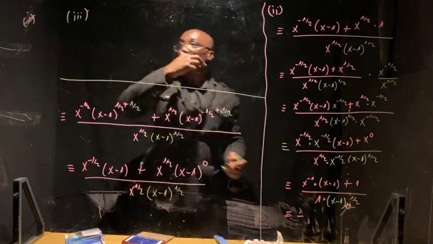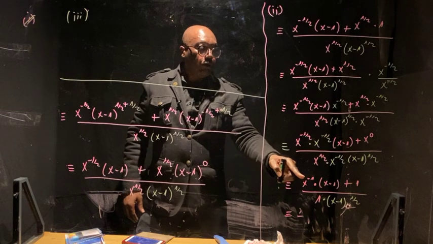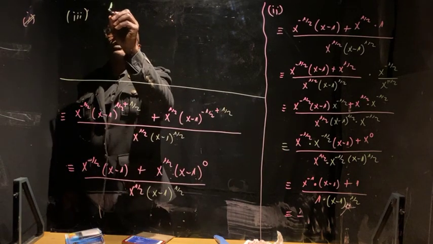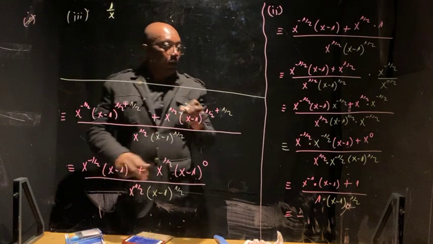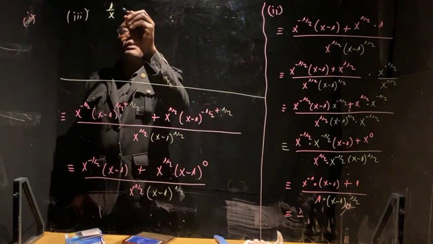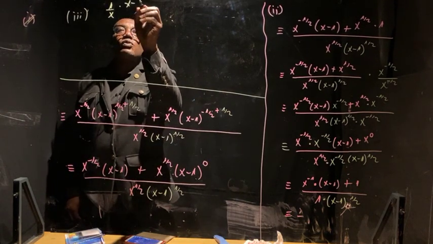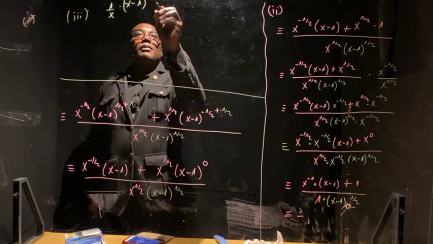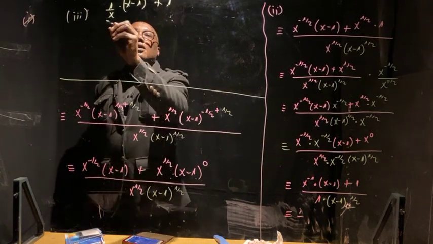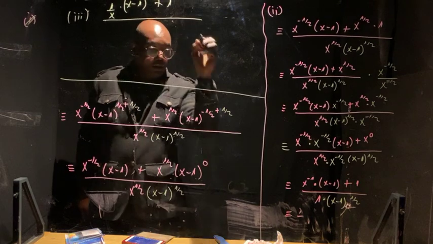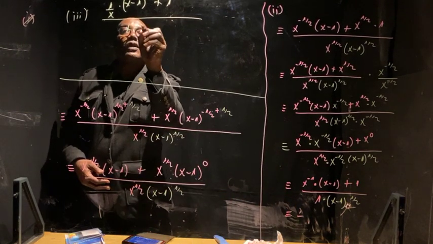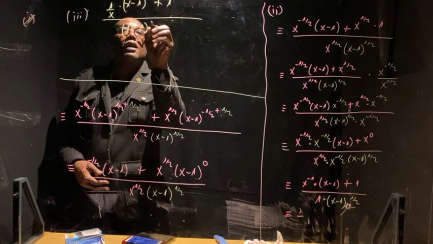We have here x raised to the power negative 1, which is the same as 1 over x, multiplied to x minus 1, which is this one, plus 1 all over x minus 1 raised to the power half.